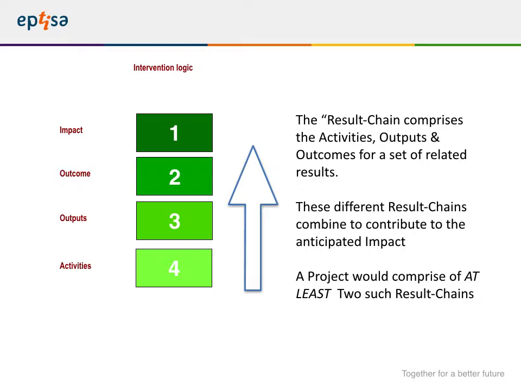These outcomes will influence or have some contribution towards the long-term impact. We often refer to these activities, outputs, and outcomes as a result chain. And the combination of different result chains in a project provides a contribution to the impact.